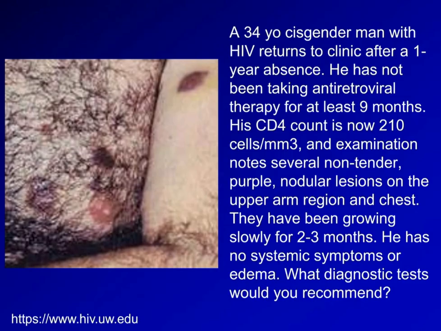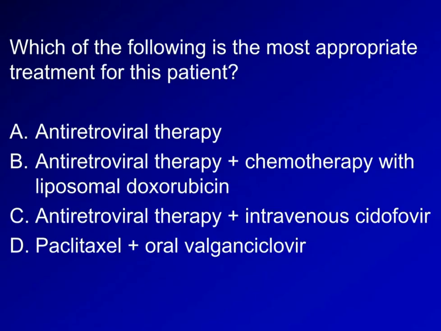What's the underlying cause of Kaposi sarcoma? What's the infectious agent? HHV8. HHV8, yes. So there is an infectious cause underlying it. So, Aaron, what do you want to treat this guy with? I don't think you're going to do chemotherapy unless it's really broadly disseminated.